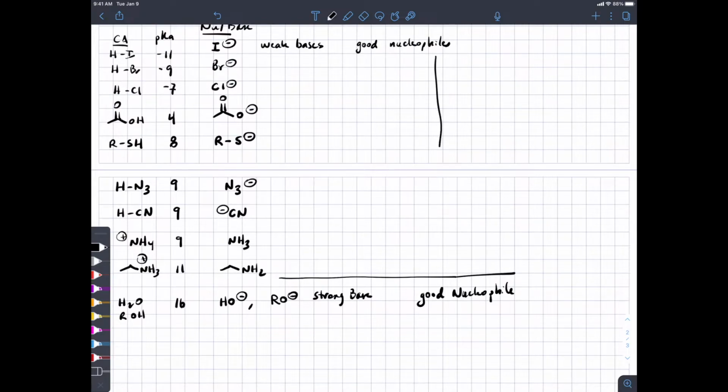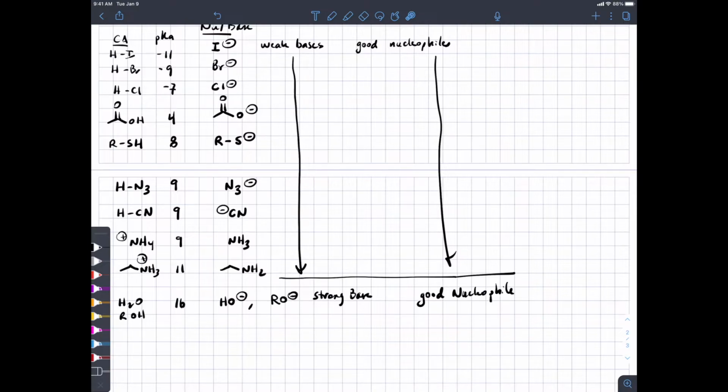They're listed roughly in order of strength, though there's some weirdness in there that we don't need to talk about. But the cutoff between a weak base and a strong base is going to be a conjugate acid with a pKa of about 16. This is where things start being good bases.